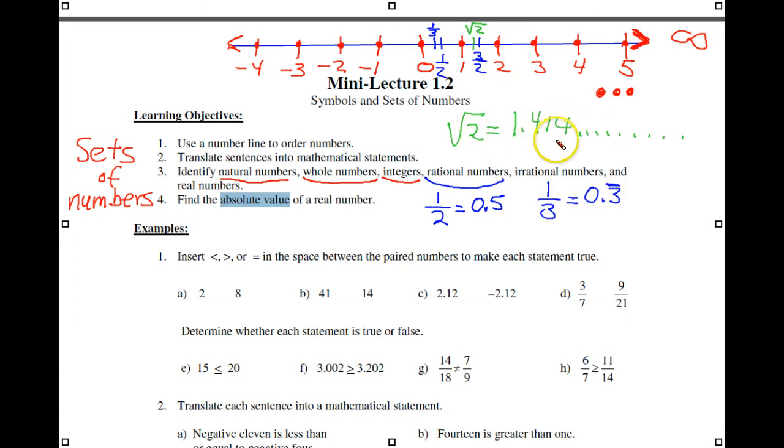This qualifies it for a special set of numbers that are on the number line, but do not repeat in a pattern nor terminate. These numbers are called the irrational numbers. And others are like the square root of 8, which is right about there.